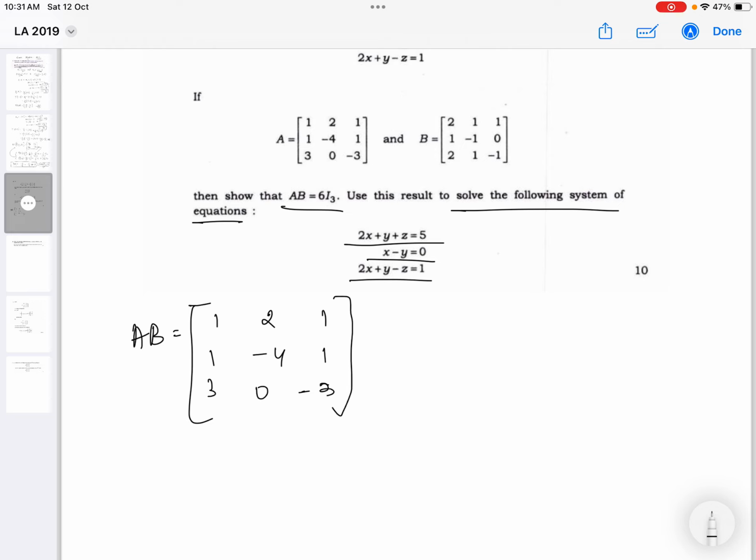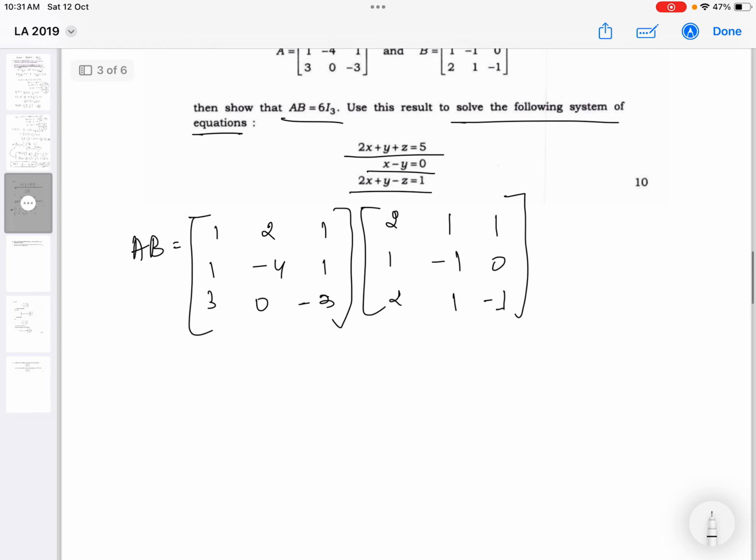This is A. B would come out to be 2 1 1, 1 minus 1 0, 2 1 minus 1. अगर हम इसको करें तो उनका क्या होगा, 1 2 4 6.